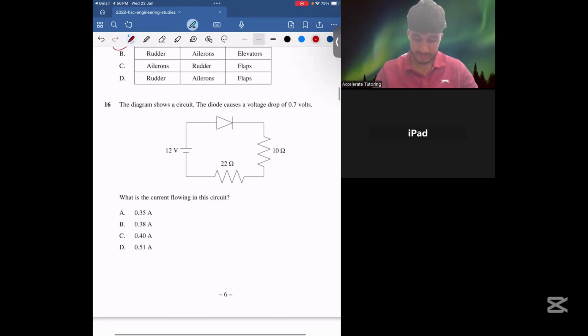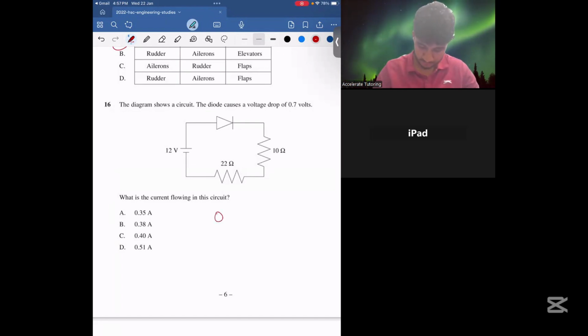Looking at question 16, this is a relatively simple circuit. It says the diagram shows a circuit. The diode causes a voltage drop of 0.7 volts. What is the current flowing in this circuit? So in this case, simple Ohm's law.